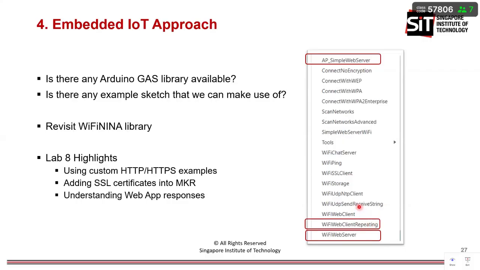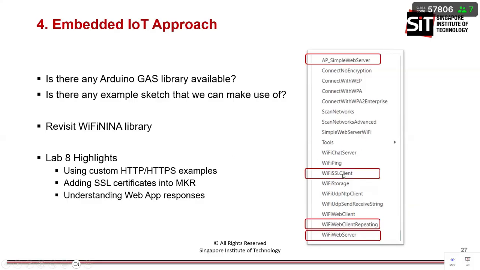End of the day, to connect to Google, you must use Wi-Fi SSL client. SSL, probably your second time hearing this because last week we talked about secure connection. This time, you are seeing SSL again. So this particular example, Wi-Fi SSL, maybe I should circle it up so that you pay attention.